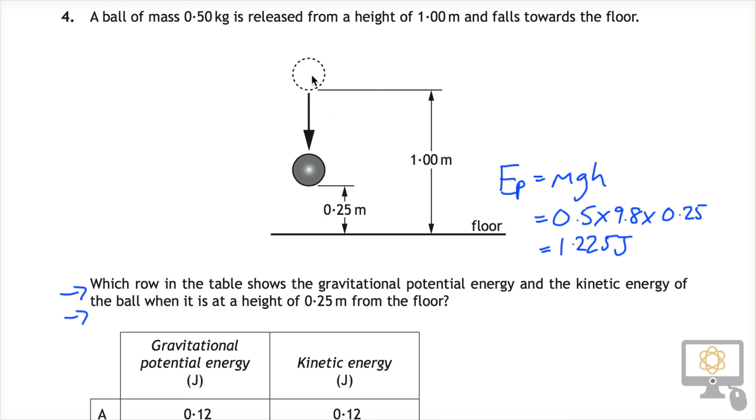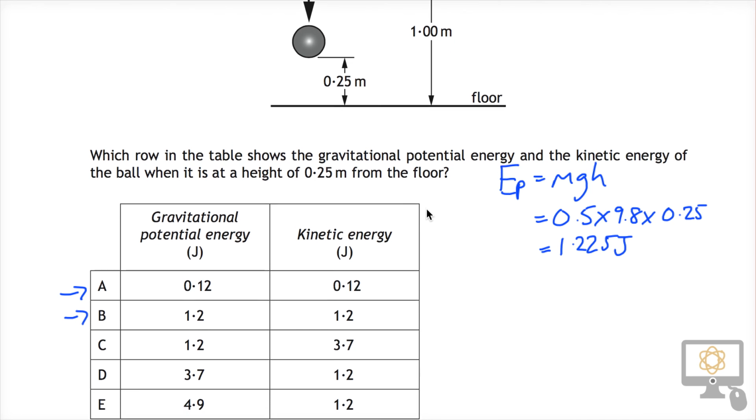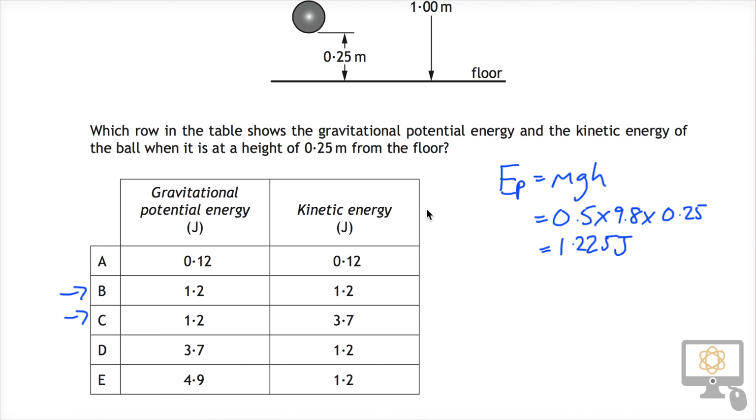It's transferred its potential energy from the very top into kinetic energy as it's fallen down. So it's lost potential energy due to a height drop of 0.75 meters. We're going to figure out the potential energy it has lost, because that's the same as the kinetic energy that it has gained.